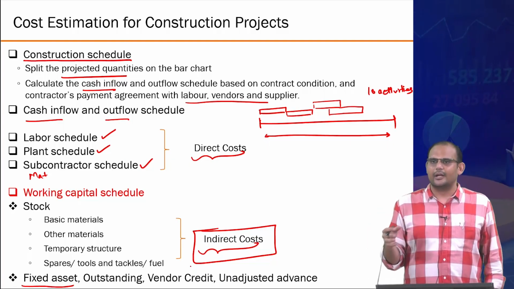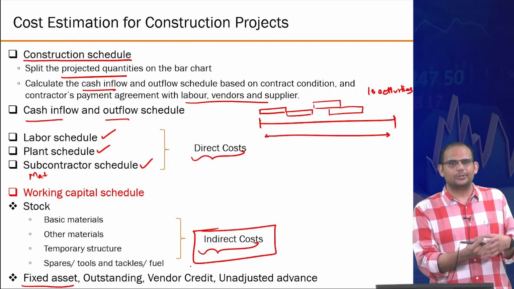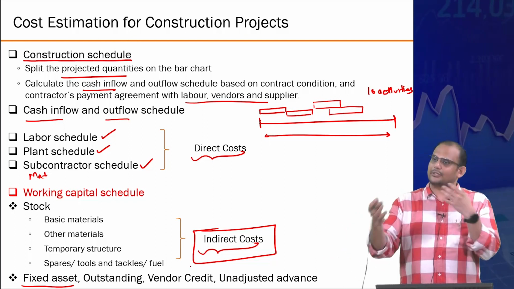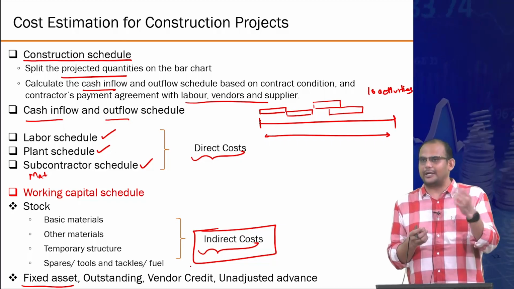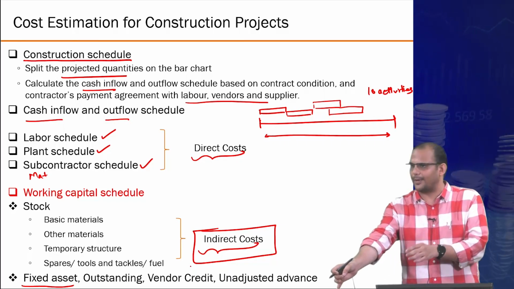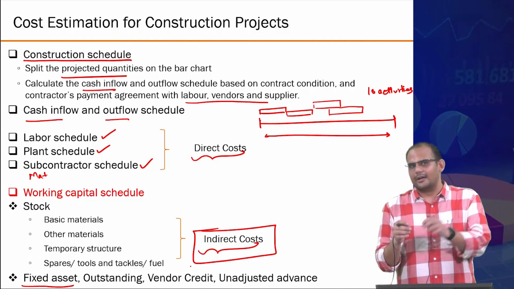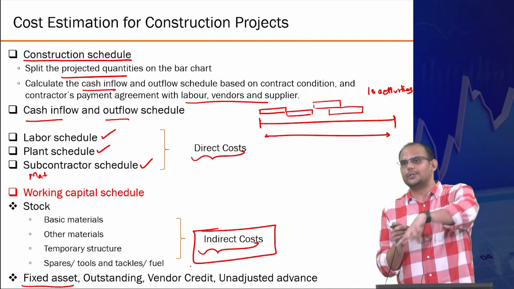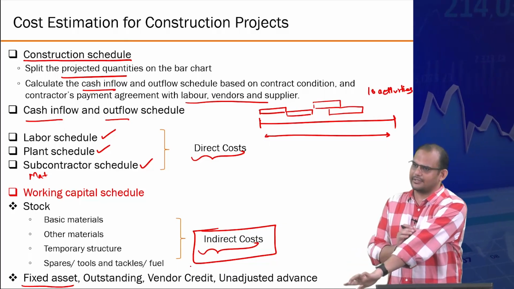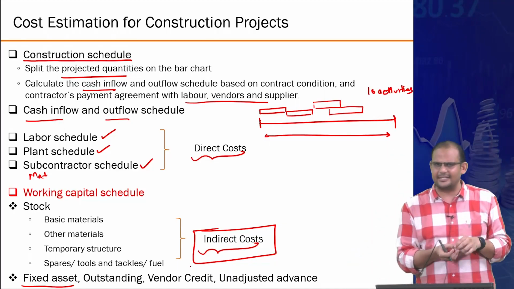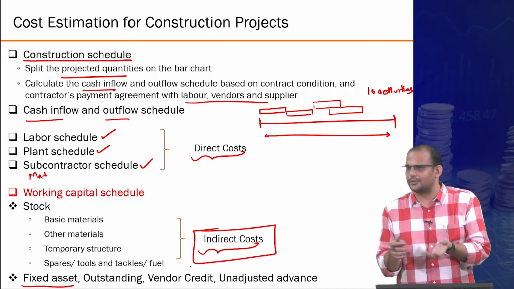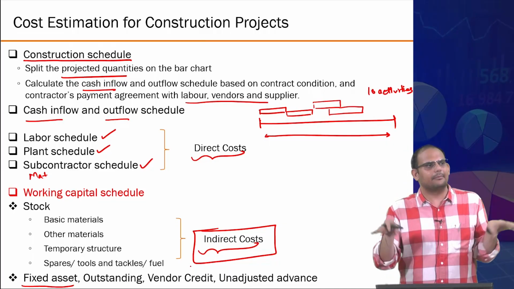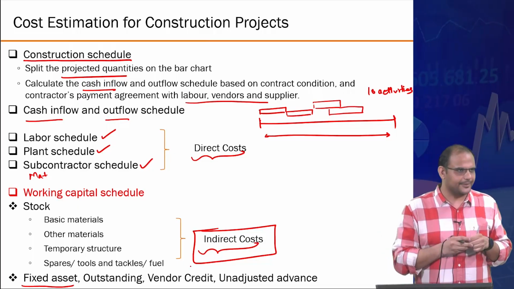While it is difficult for you to attribute some specific element to a specific activity, it is also impossible for headquarters to attribute a specific activity to a specific project, right? To say that 0.1 man hours of a headquarter design person was useful for this activity on the construction site. It's impossible to do that analysis, and it's often useless to do such a detailed analysis. Therefore, you club them as a whole and you put them in indirect cost, right?